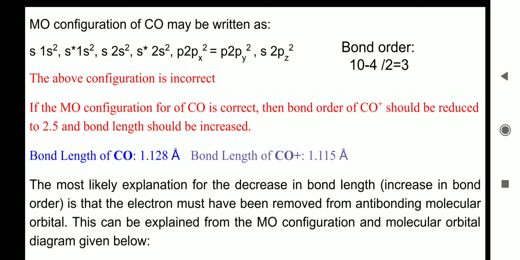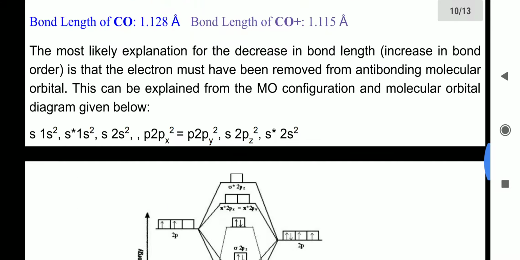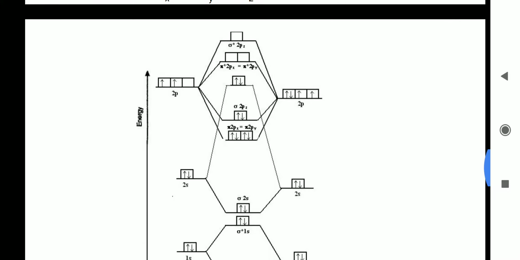So, we should have that molecular orbital diagram in which the electron is removed from the anti-bonding molecular orbital, and for that we have to raise the sigma star 2s orbital containing 2 electrons to a higher level than that of sigma 2pz.